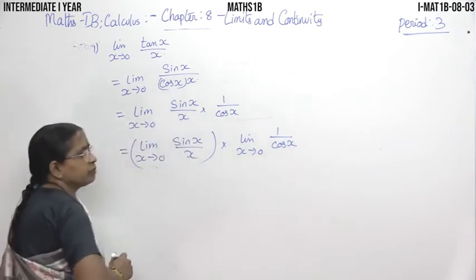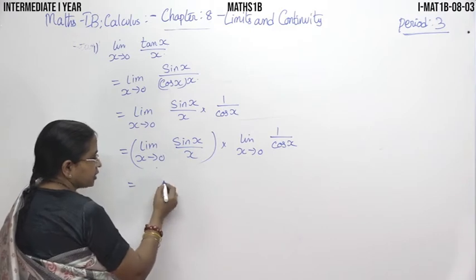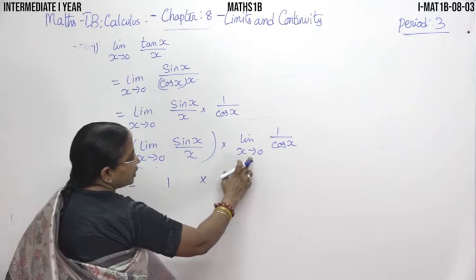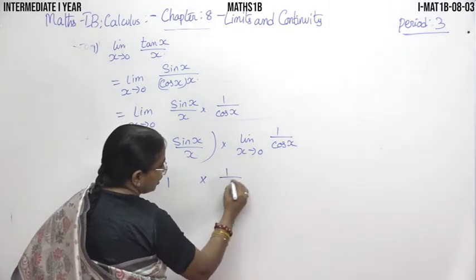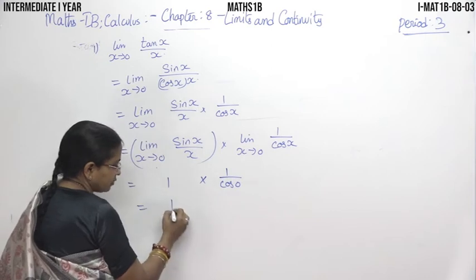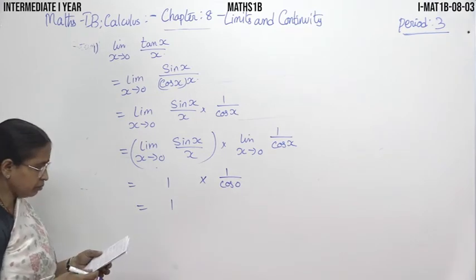Like this you split the limit. Now this is the standard limit. You need not mention anything. You can just write is equal to 1 into, here you substitute 0, 1 by cos 0. Cos 0 is 1. So 1 into 1, that is 1. Like this you have to do the problem.